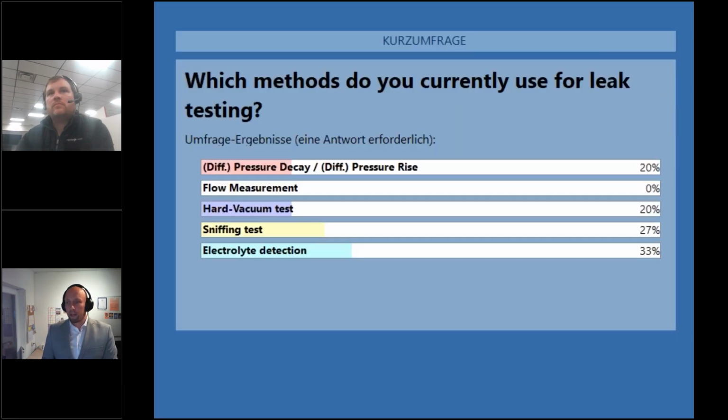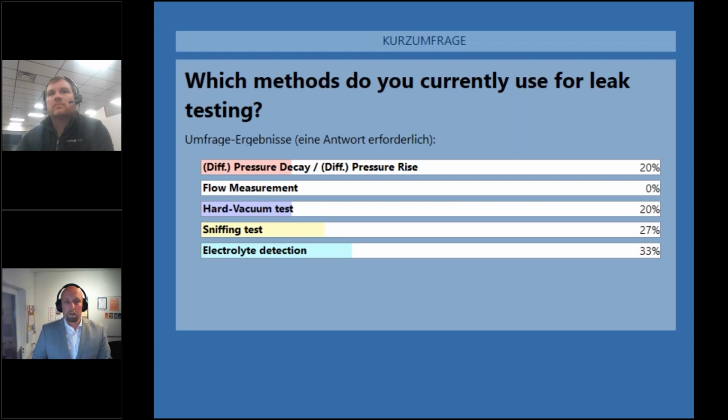We would like to share with you the results as well. And you see here, right now, the winner is the electrolyte leak detection, followed by a sniffing test, and then the third place is shared between the hard vacuum test and the pressure differential test, or an air-based test, let's say. So where do we use the different tests? We'll come to that in a second when we're talking about the different examples.